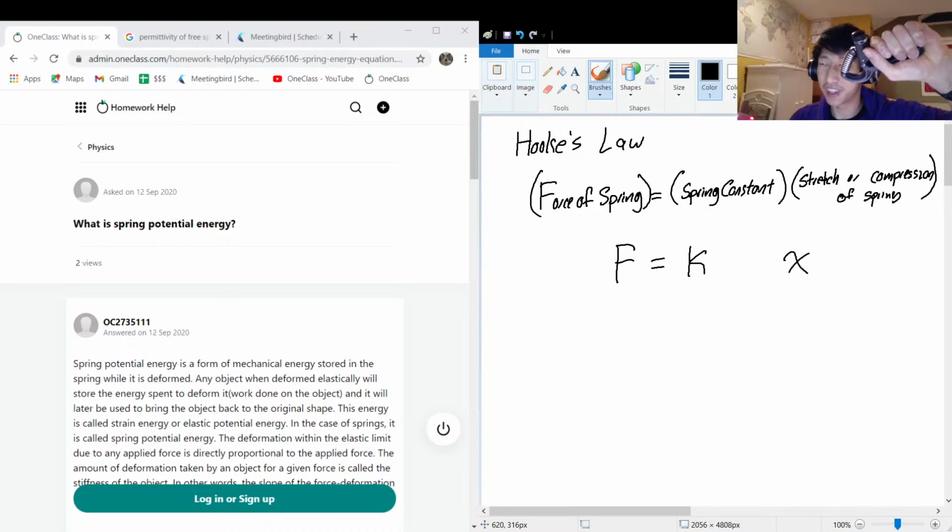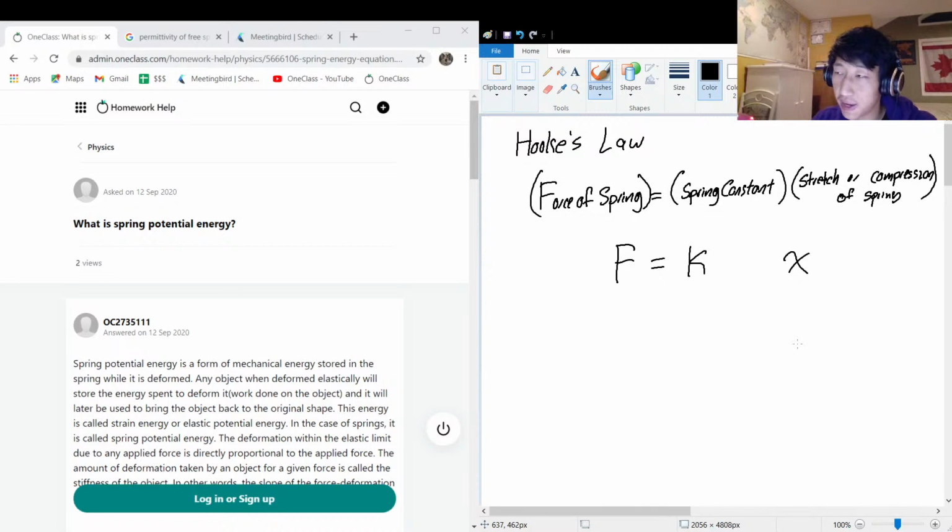And the k is like the strength of the spring. This spring is going to have a much higher k value than maybe a mechanical pencil. The spring in there has a small k value because it applies less force.